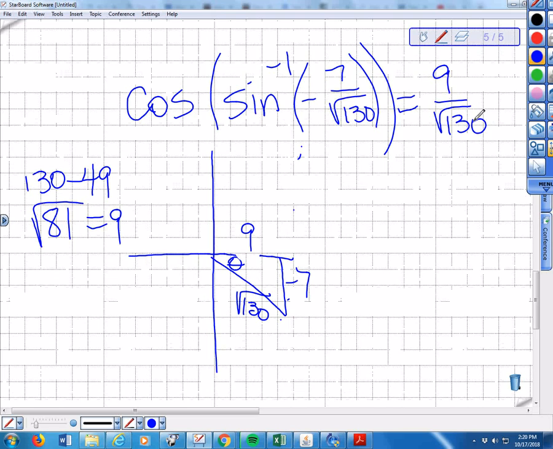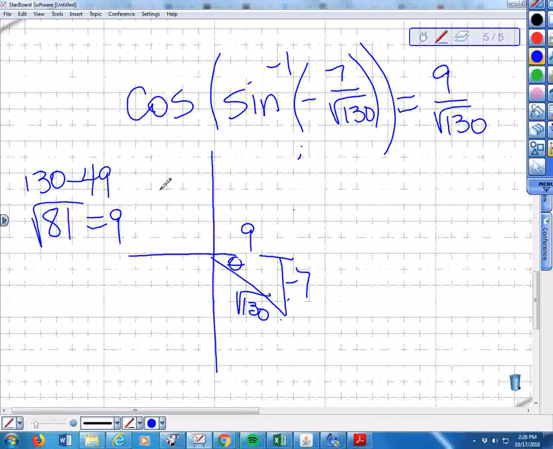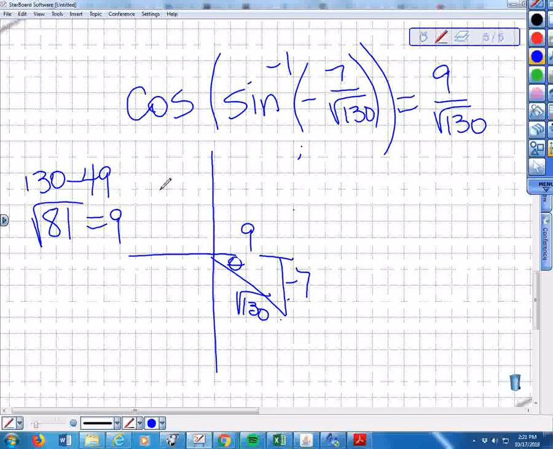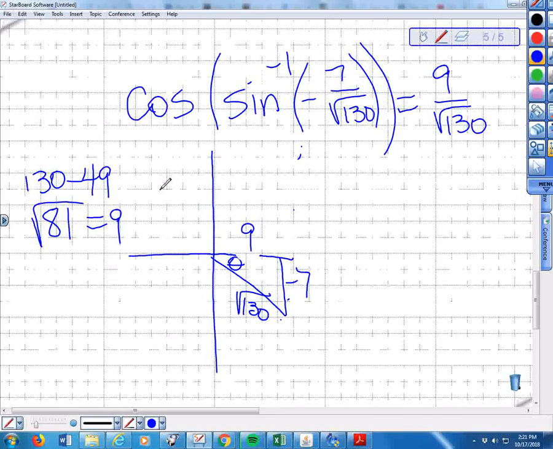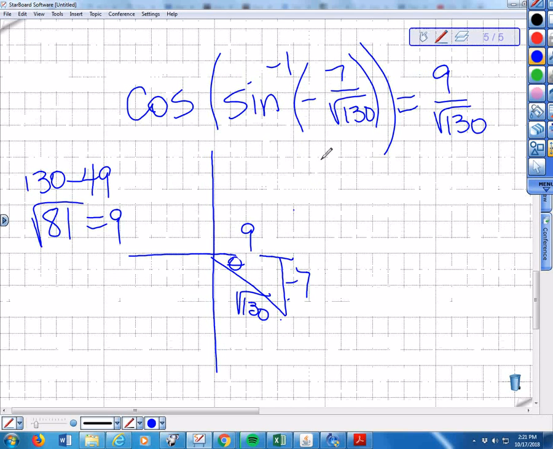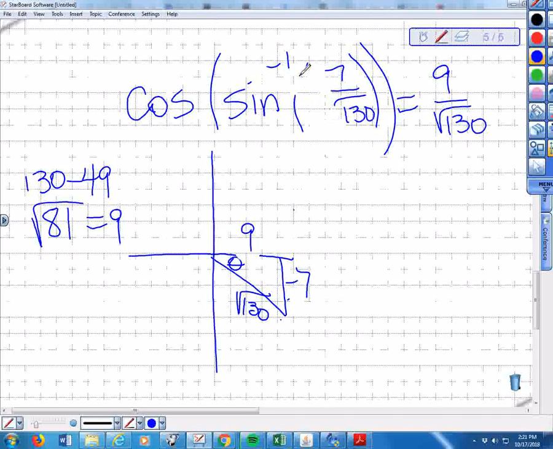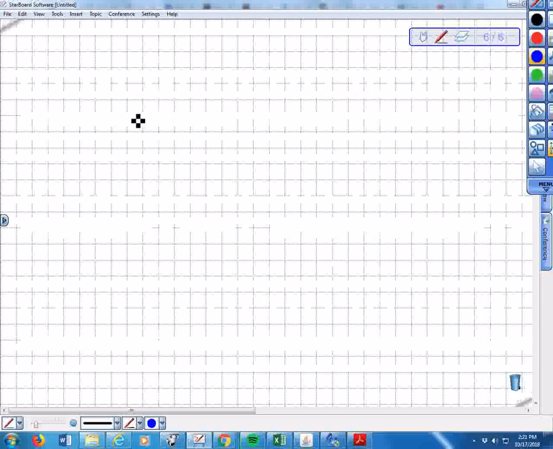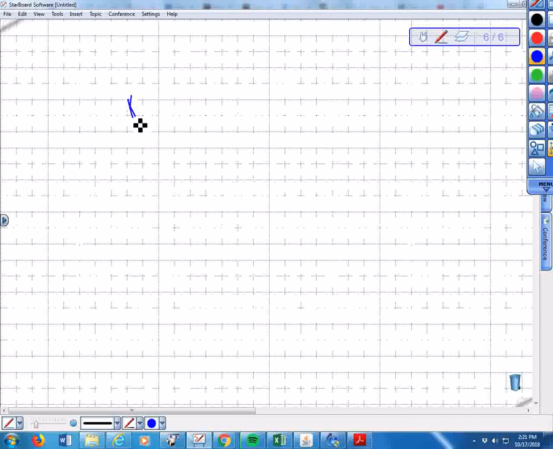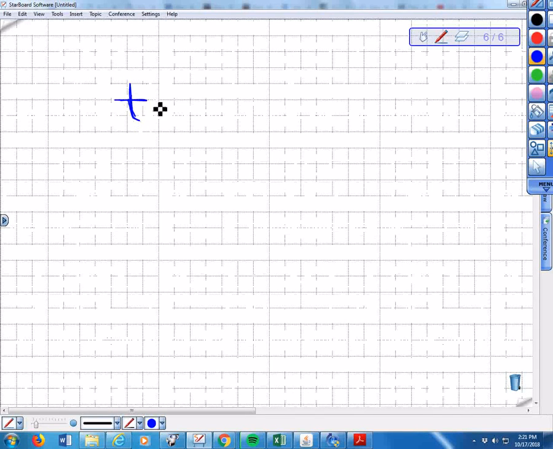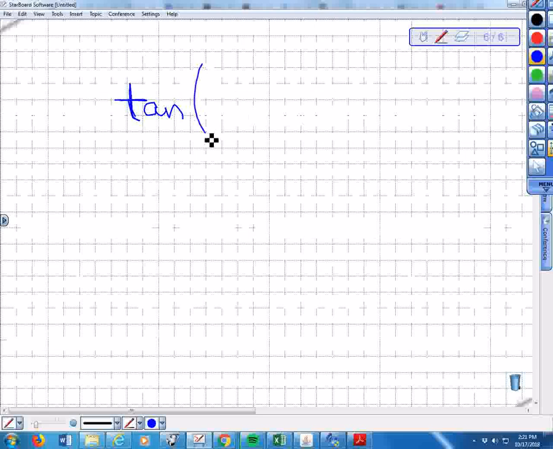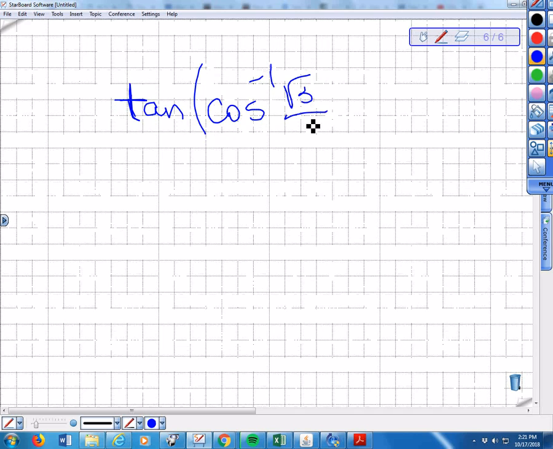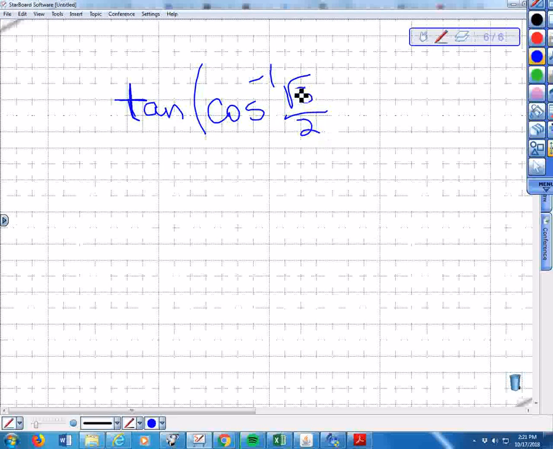Okay, let's do another one. Tangent of cosine negative 1. Let's make it negative.